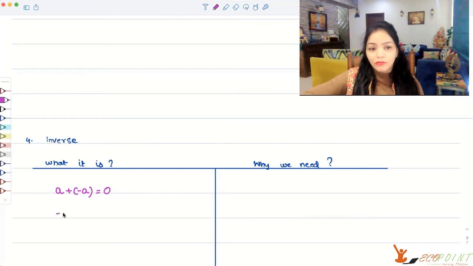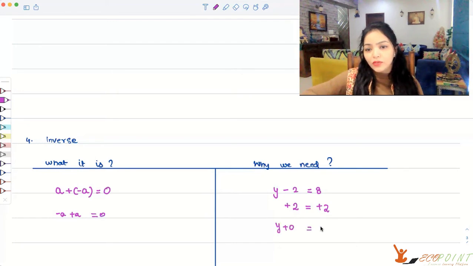So minus A plus A must give you 0. Now, how is this important? Remember, in the previous property, we took an equation y minus 2 equals 8, and we added 2 on both the sides, and that gave me y plus 0 equals 10. And that was happening because minus 2 plus 2 gives you 0.